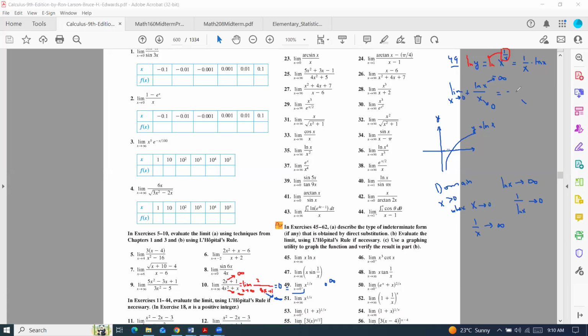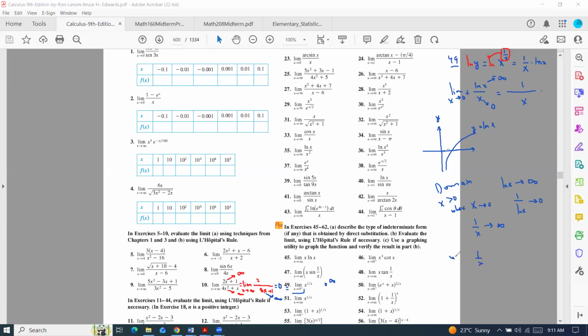Well, for example, if you take your x in the denominator, that is 0, right? So if you put this as 1 over x, that's still approaching 0.